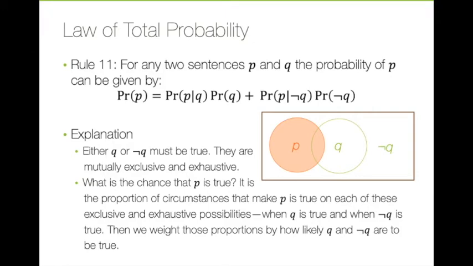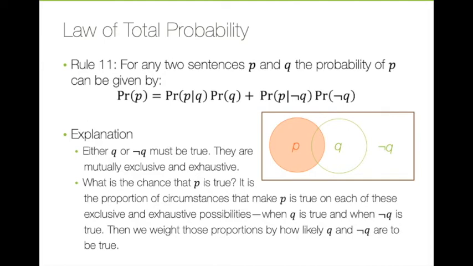Our rule gives us a way of determining the chance that P is true. What is that chance? It's the proportion of circumstances that make P true on each of those exclusive and exhaustive possibilities. And then we weight the proportion of the times that P is true by how likely Q and not Q are to be true.